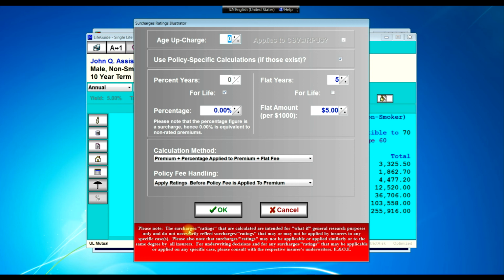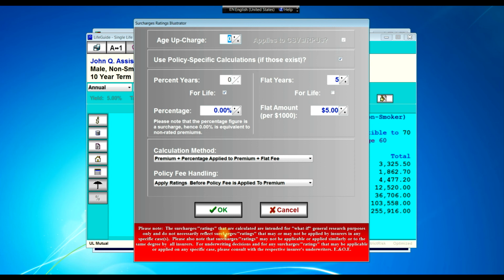With that important fact to keep in mind, LifeGuide's Ratings Illustrator includes the important caution notice at the bottom here that states the surcharges and ratings that are calculated are intended for what-if general research purposes only and do not necessarily reflect the surcharges or ratings that may or may not be applied by insurers in any specific cases.